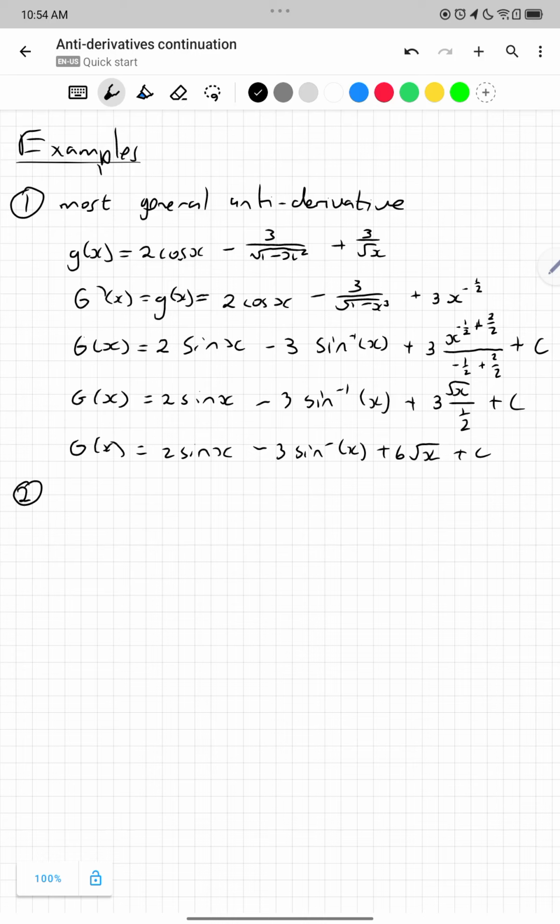Okay. Other question says also find the most general antiderivative of the following, which is f of x is equals to 2 to the x plus 4 sinh x. Right, so what we will get here, firstly, notations.